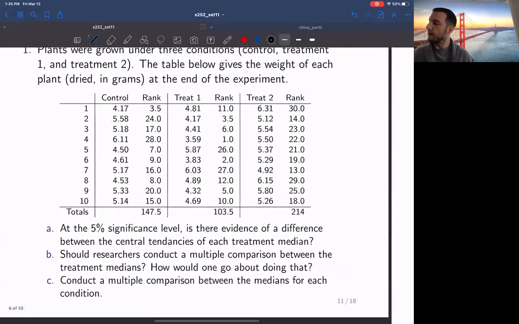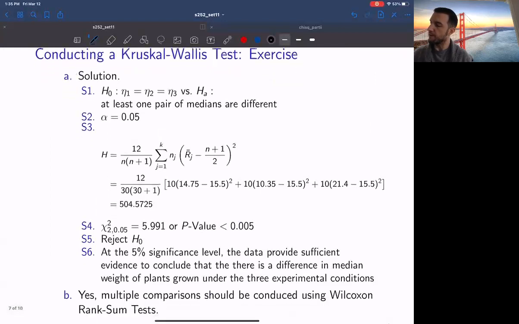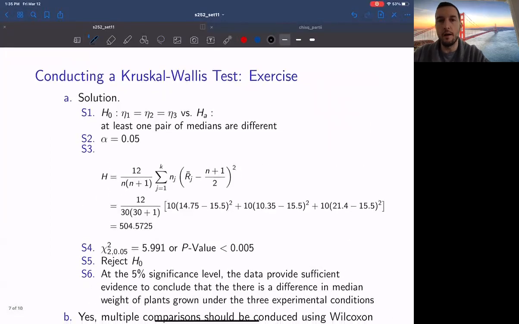All right, so on slide 12, we have the Kruskal-Wallis test being written out for us. So just like before, we have H0, the medians are equivalent, versus HA, at least one pair are different. We're testing at the 5% significance level. On step 3, we're computing our test statistic. You can see the computation of the test statistic here follows directly from what we did in the previous exercise.